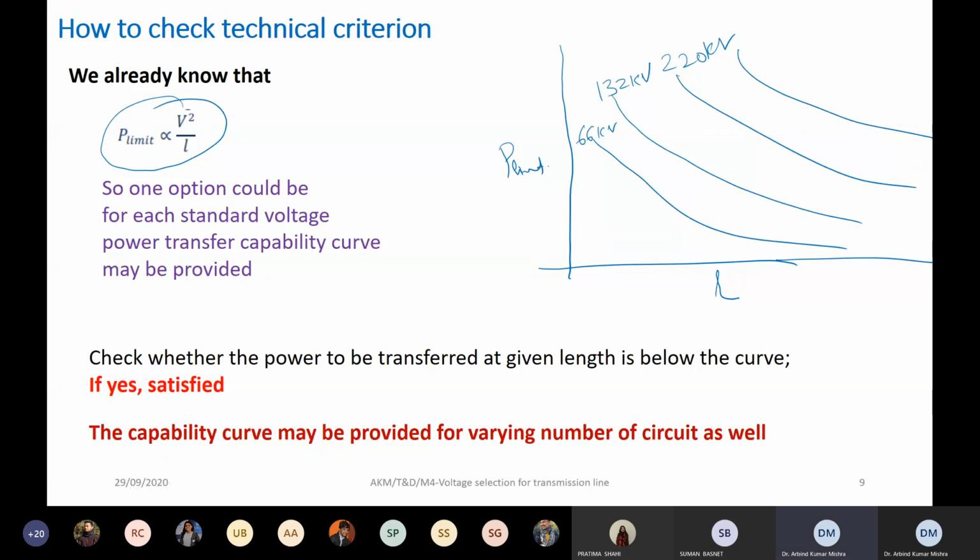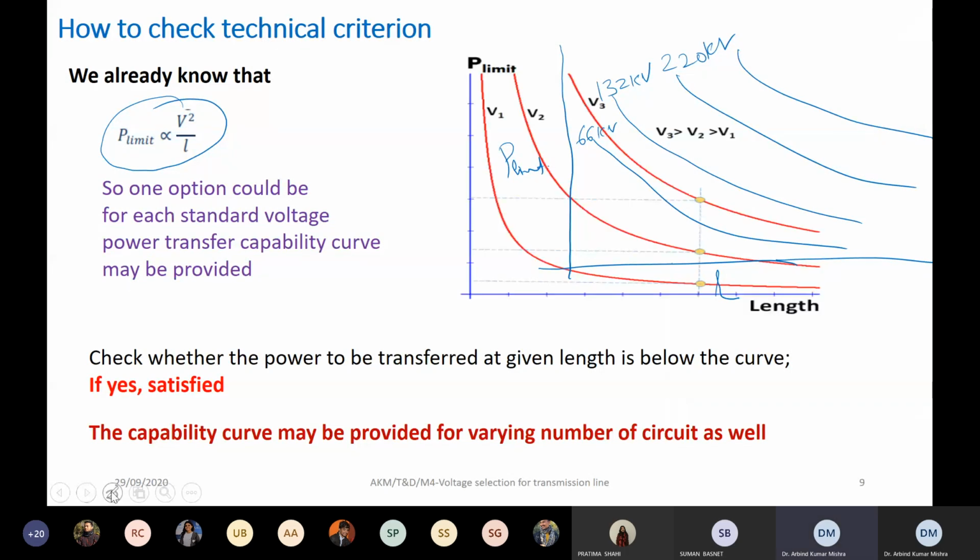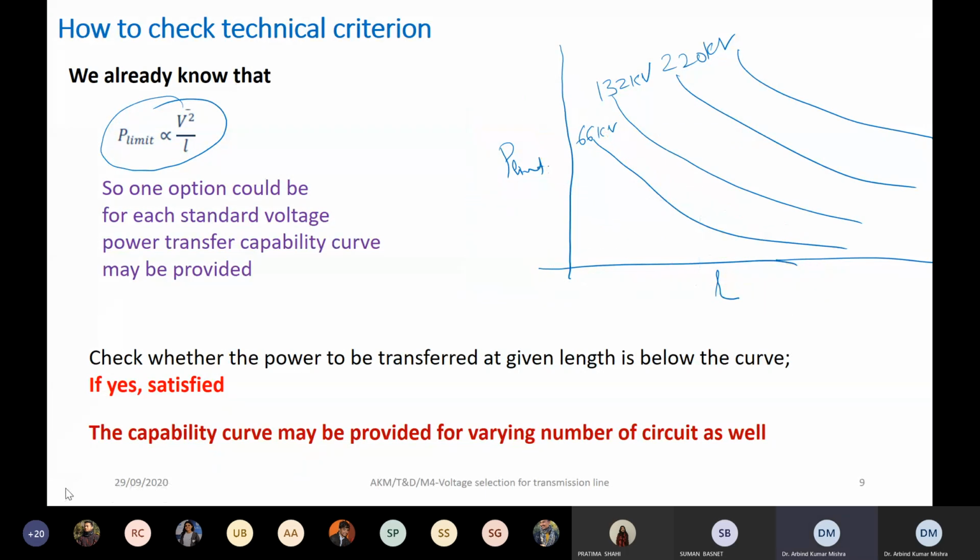Now, in this case, you know your distance to be transmitted. Say this is your L to be transmitted, the distance at which the power is to be transmitted.